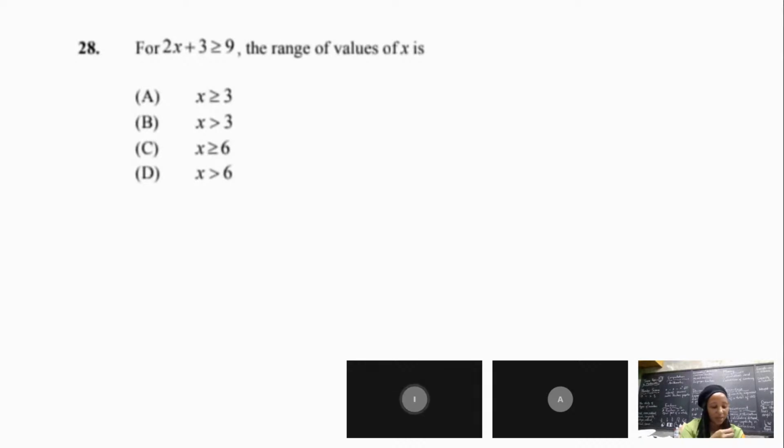Are you back, Imani? Yes, miss. It's your turn. Go ahead. Okay, miss. So number 28. For 2x plus 3 is greater than or equal to 9, the range of values of x means, so to solve for x we would have to simplify the inequality.